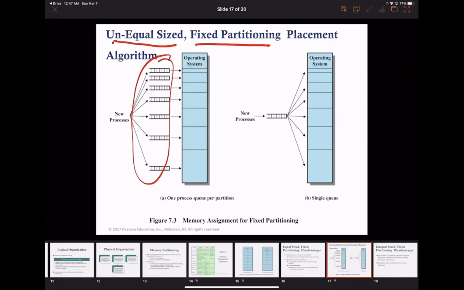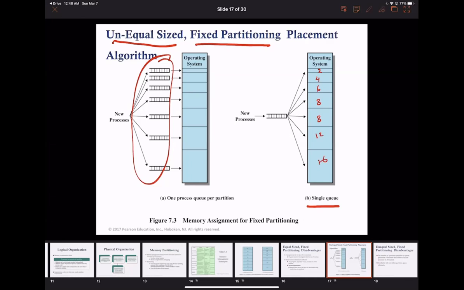Although this technique seems optimal from the point of view of an individual partition, it is not optimal from the point of view of the system as a whole. As you can see in the second figure, consider a case in which there are no processes with size between 12 and 16 at a certain time. Let's go back to the partitioning. If this is 2 megabytes, and this is a 4 and this is a 6, 8, another 8, and then 12, and then 16.